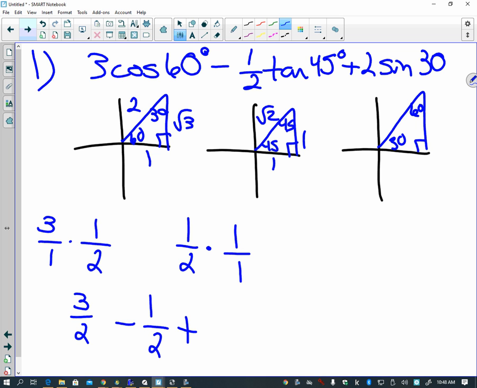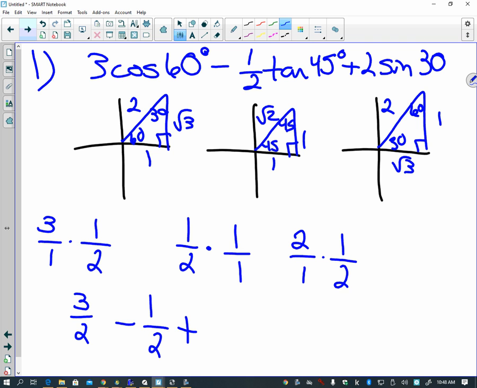What's always opposite of 30? 1. Hypotenuse? 2. Opposite of 60? Radical 3. So we've got 2 over 1 times the ratio of sine 30 degrees. Sine is opposite over hypotenuse. What is opposite of 30? 1. What is hypotenuse? 2. So we have 2 times 1/2, which is 1.